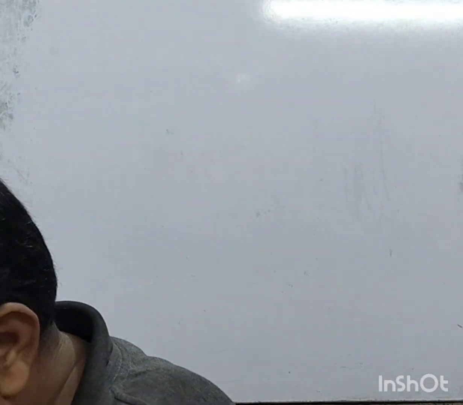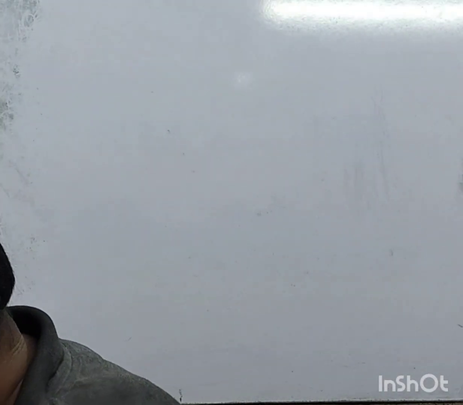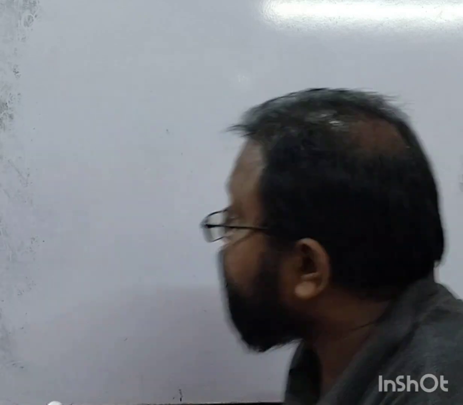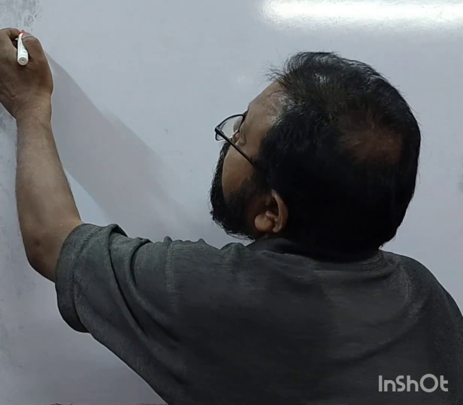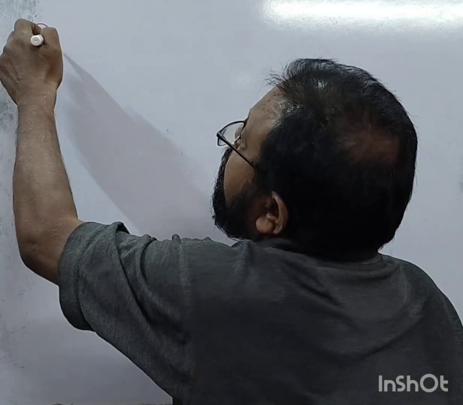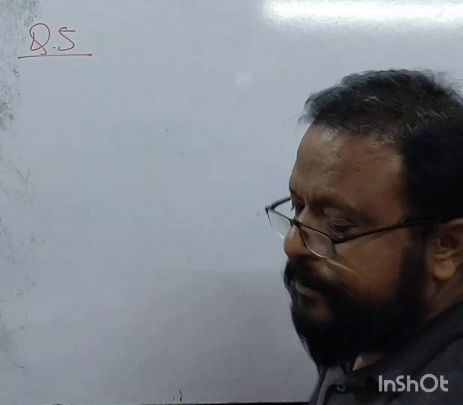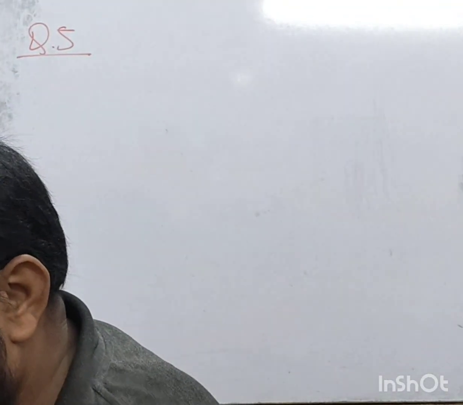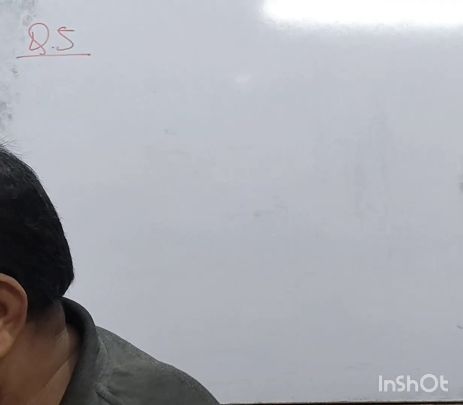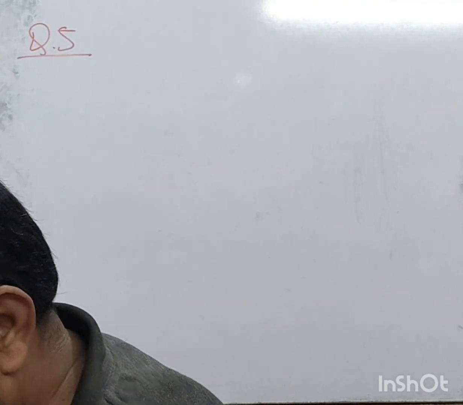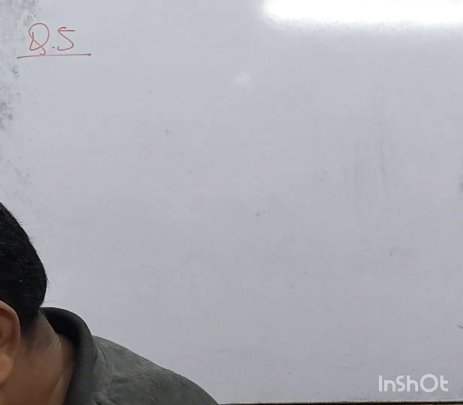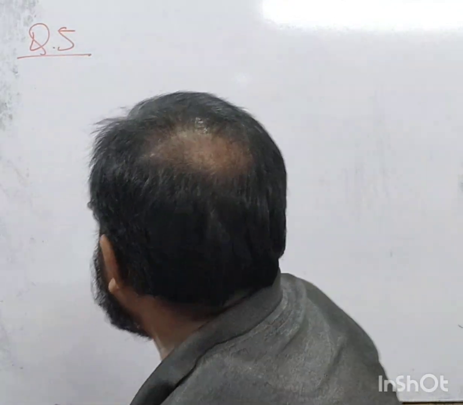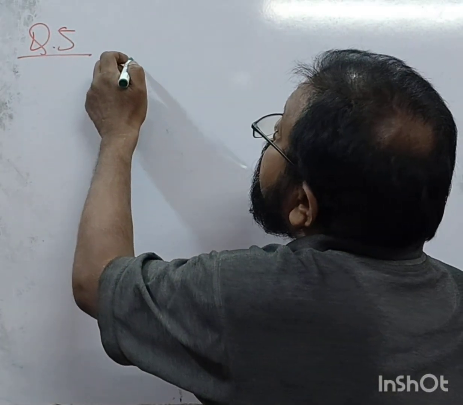Number 5, right? So what is question number 5? Question number 5 is like this. There is a triangle, right? There is a triangle like this.